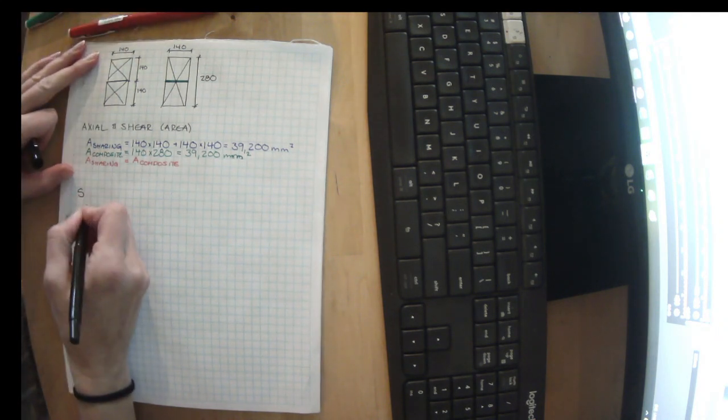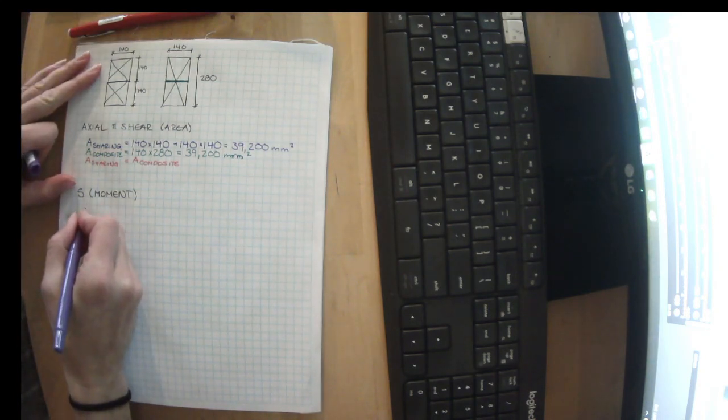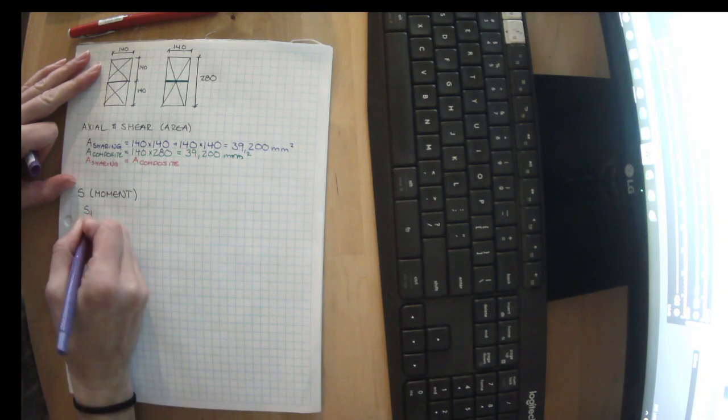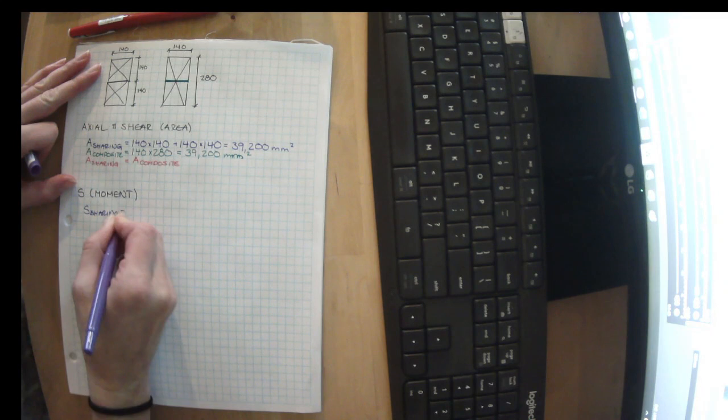Let's talk about S, which we use for moment. You guys remember, for a rectangle, S equals BD squared divided by 6. So let's take a look at S sharing.